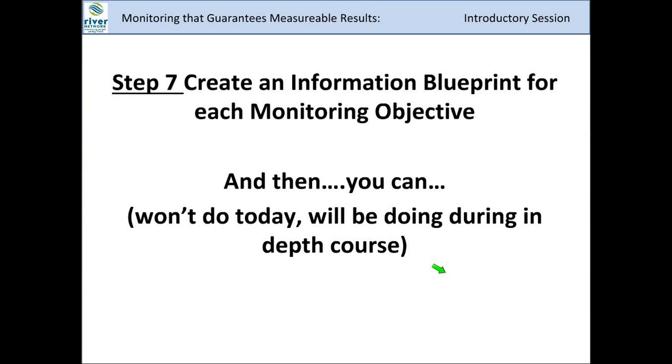So it's just a tool, but step 7 in the workbook has this sort of fact sheet we call an information blueprint that if you were to answer all the questions on, and you can look at it on page 17 and 18 of your workbook, it would summarize all this information into a blueprint or a FAQ, a frequently asked question maybe. Page 17 of your workbook shows what phase you answer these questions in, and then page 18 is an actual worksheet per monitoring question.